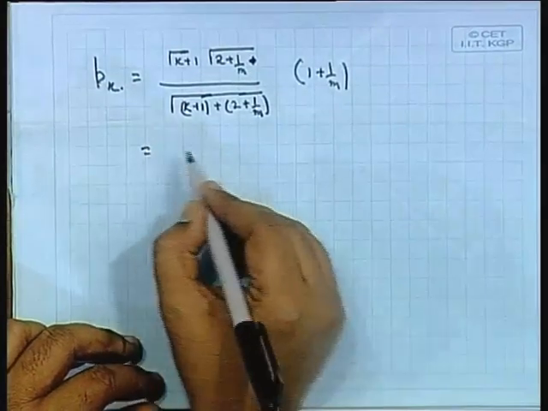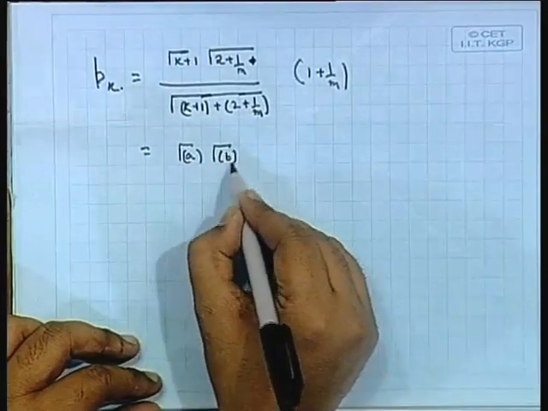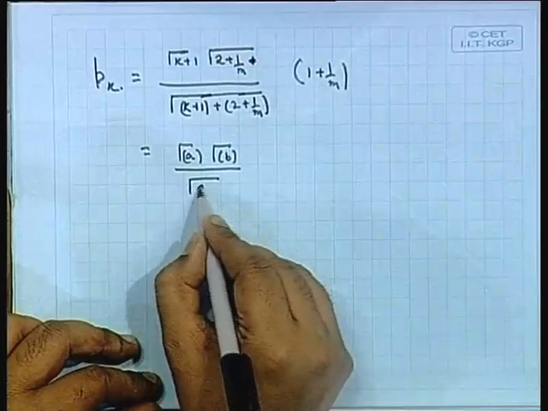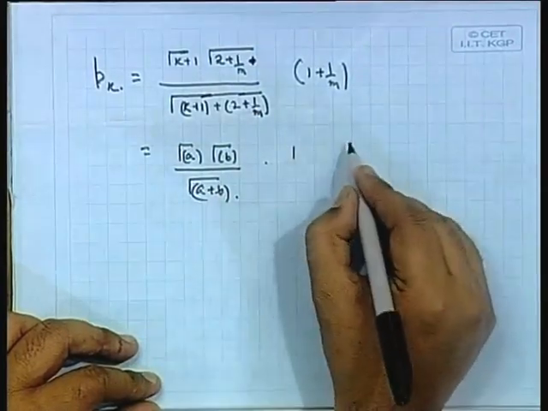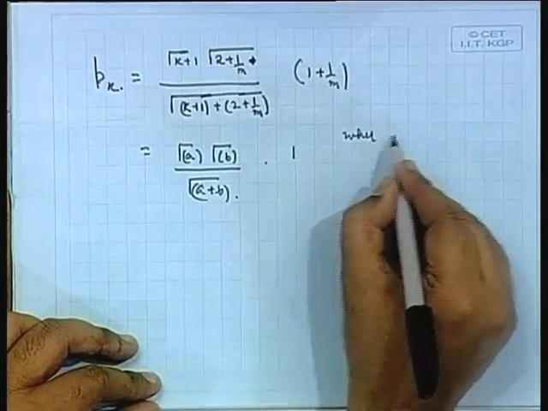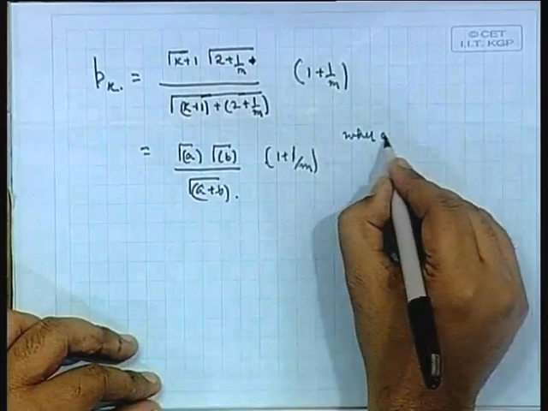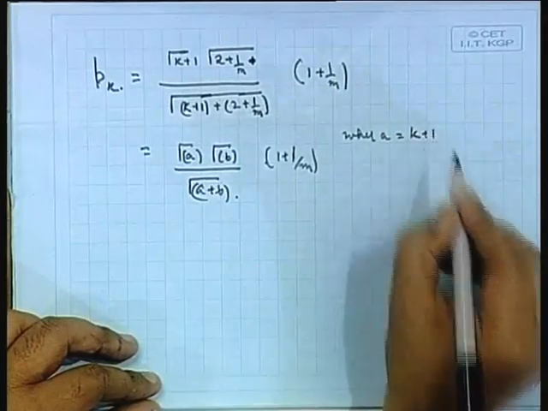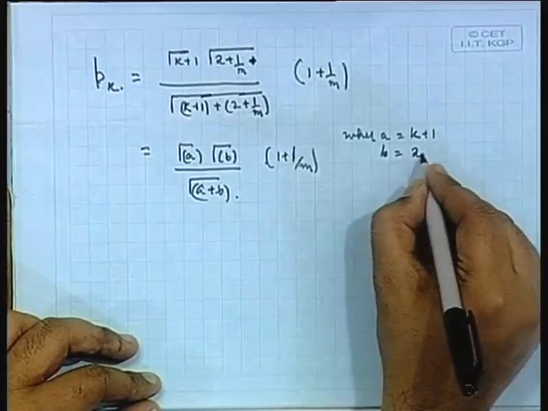What is this? This is gamma A, this is gamma B, and this is gamma A plus B, where A is equal to k plus 1 and B is equal to 2.